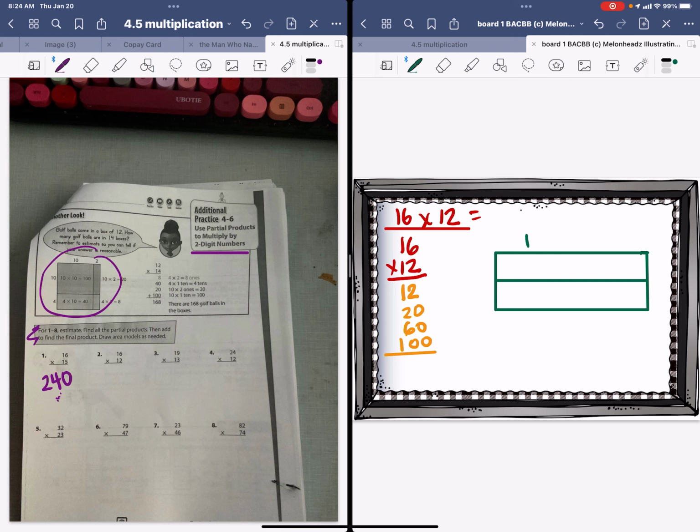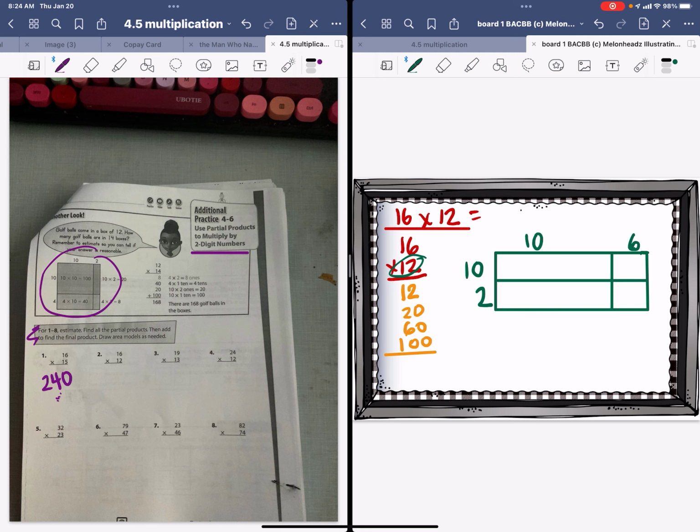So I'm going to do 10 and 6. And again, the reason over here for me, the 10 is bigger is because 10 is a larger number. 10 is greater than 6. This right here also shows that 10 is greater than 6. Okay? And so now I've got to write 12. So that's 10 plus 2. All right?